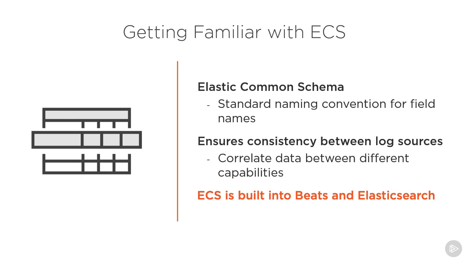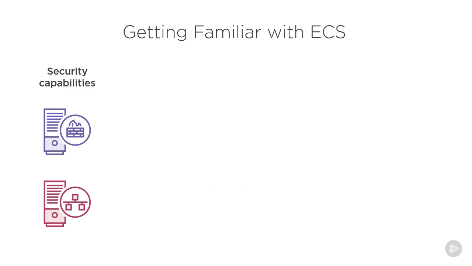The good part is that ECS is already built into Beats and Elasticsearch with all the recent versions, especially from 7.0 onwards. To give you a short example here, let's assume that we have a firewall and a network security monitoring sensor. The first one captures the client IP address as host_address, whilst the second captures it as client.ip.